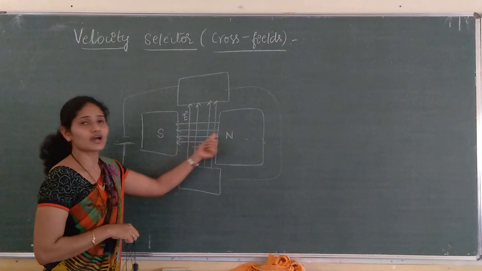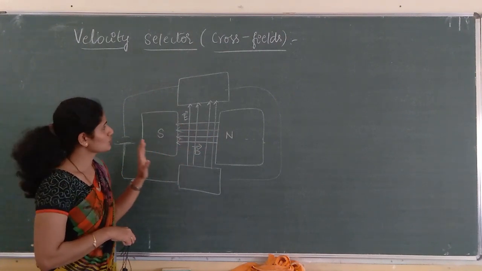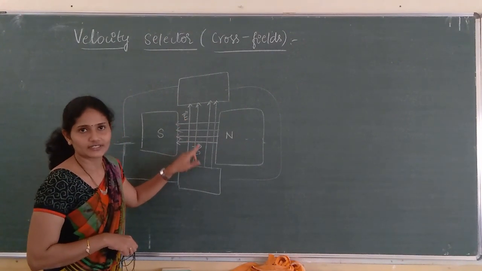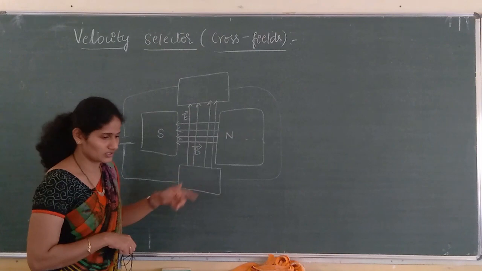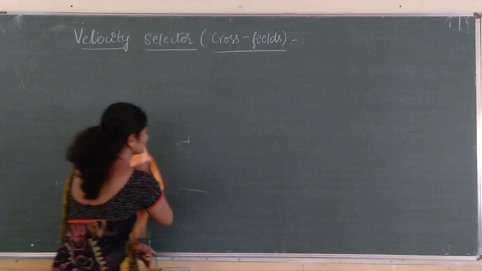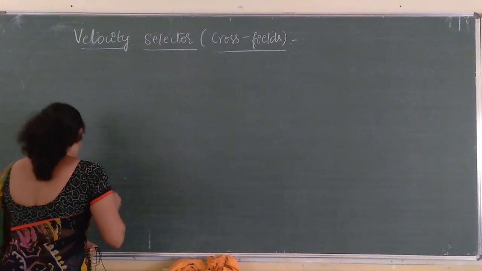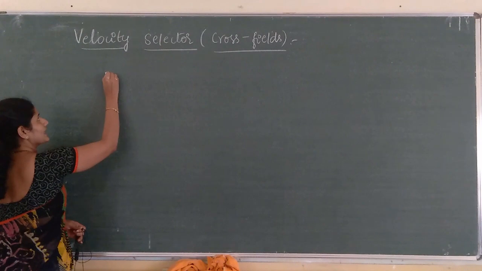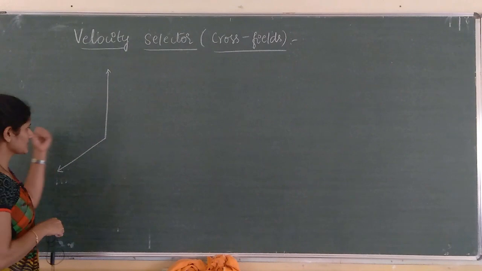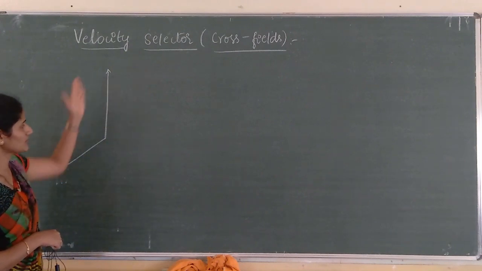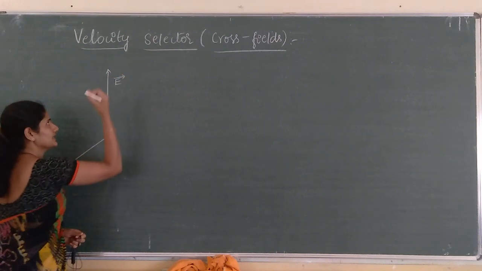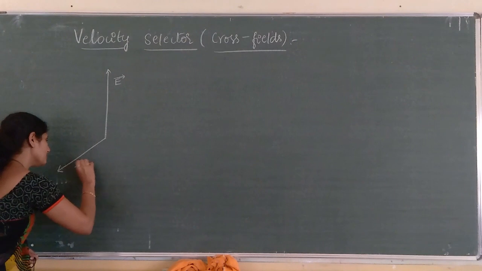This is the direction of magnetic field. These two fields, electric field and magnetic field, are perpendicular to each other. I will denote the electric field as E vector and the magnetic field as B vector.